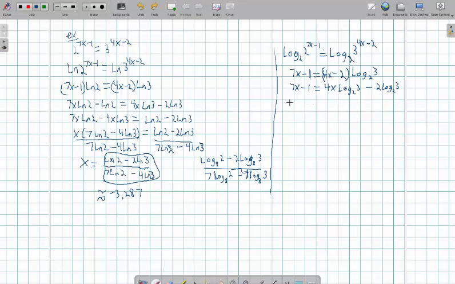And just like last time, you get all your x terms on the same side, so 7x minus 4x log base 2 of 3 equals 1 minus 2 log base 2 of 3. Factor out the x.